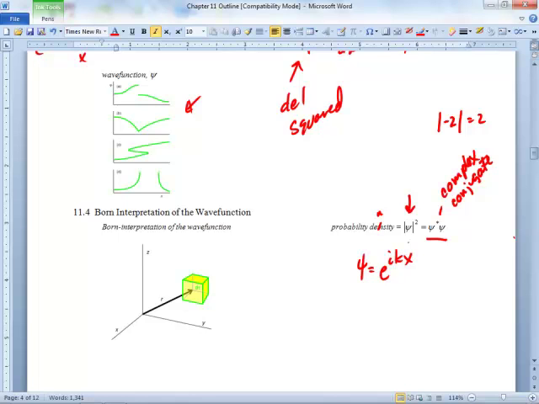If psi is e to the i kx, to get psi star, wherever you see an i, replace it with -i. That's all psi star is. So psi star would be e to the -i kx.